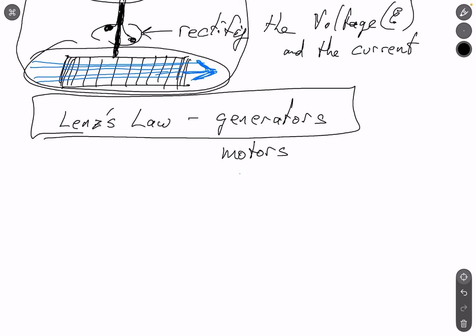All right. So we talked about the three different ways. You can have the B field change, and then that gives you a flux change where your area and your cosine of the angle are changing.